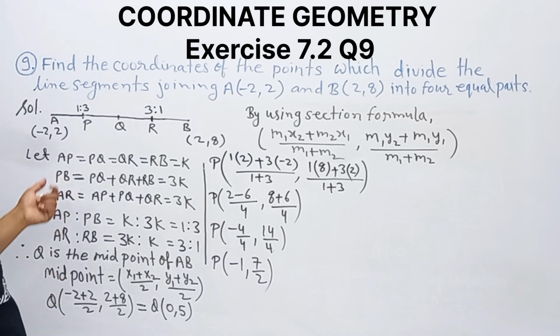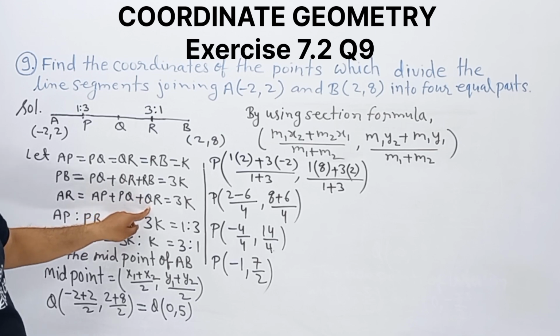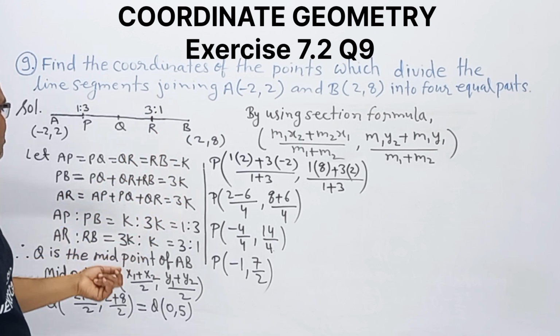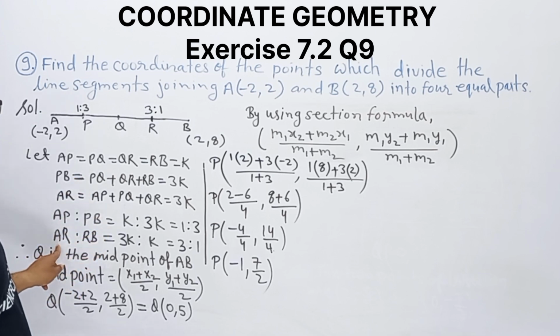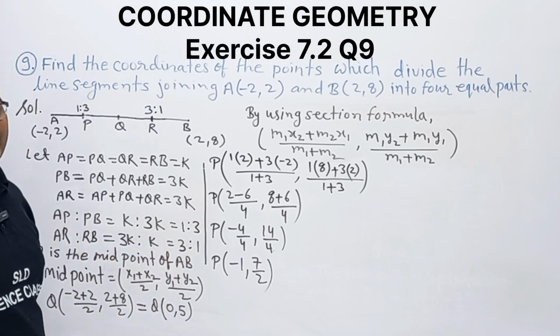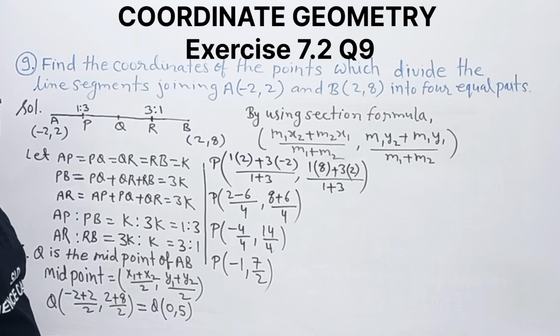So AR is AP plus PQ plus QR, and the sum is 3K, and on the right-hand side RB is K. So AR is to RB will be 3:1. For point R, the ratio is 3:1.